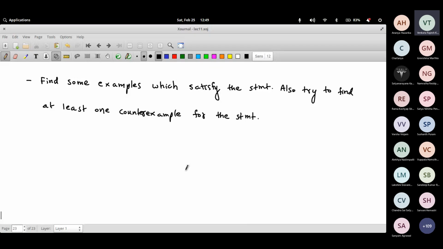So what is not working out may give you a clue on what works out. So it is like trying to approach it from the opposite direction. This is similar to proof by contradiction kind of a thing, right? You try to disprove it, but in the process you will understand that you cannot disprove it due to so and so reason. So you will understand why it is true. So that may help you in proving it.